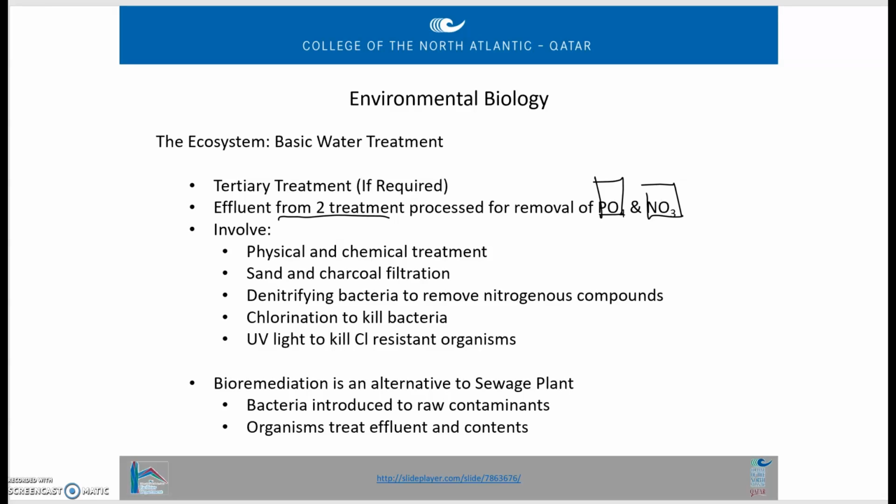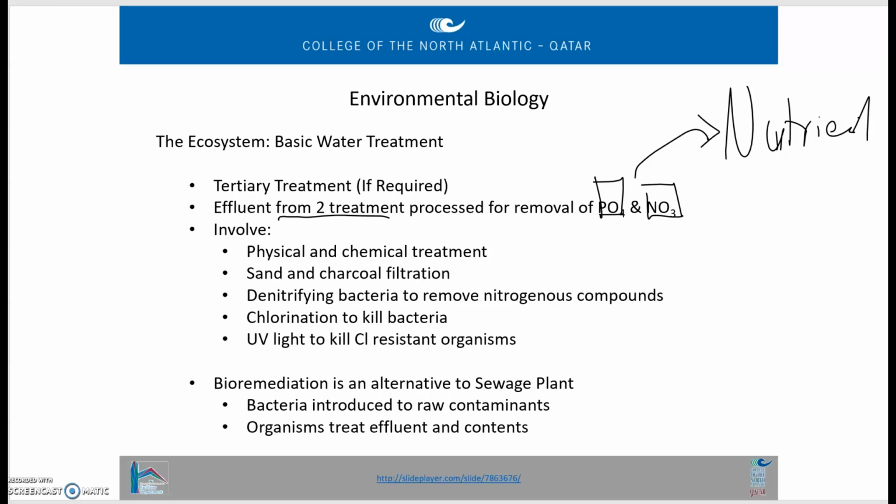And the reason why we do that is because these are excellent fertilizers. So these are nutrients that algae and bacteria can use to grow. So if we get rid of these, then we discourage an increase in biological oxygen demand, and we decrease the amount of pollution.